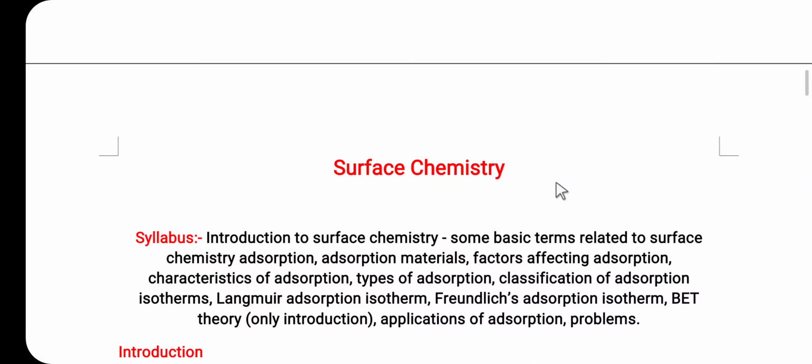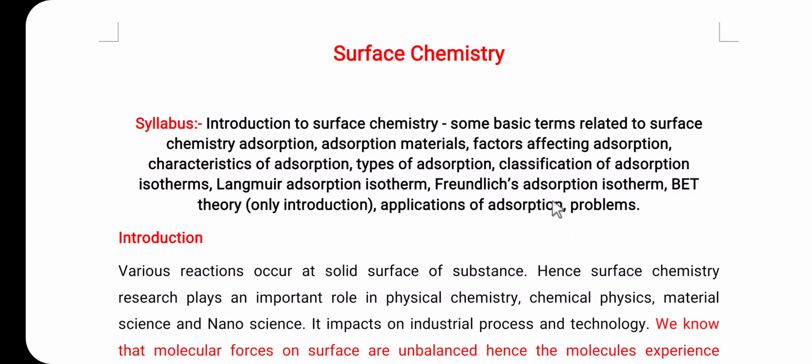First of all, let us consider the syllabus of surface chemistry. Introduction of surface chemistry, some basic terms related to surface chemistry, adsorption, adsorption materials, factors affecting adsorption, characteristics of adsorption, types of adsorption, classification of adsorption isotherm.